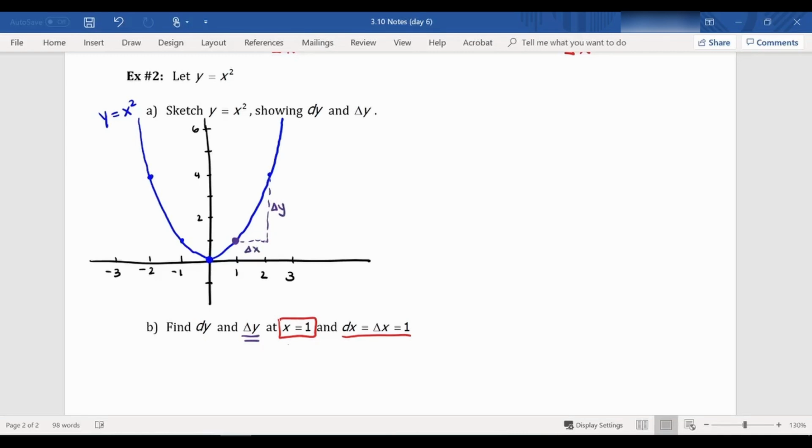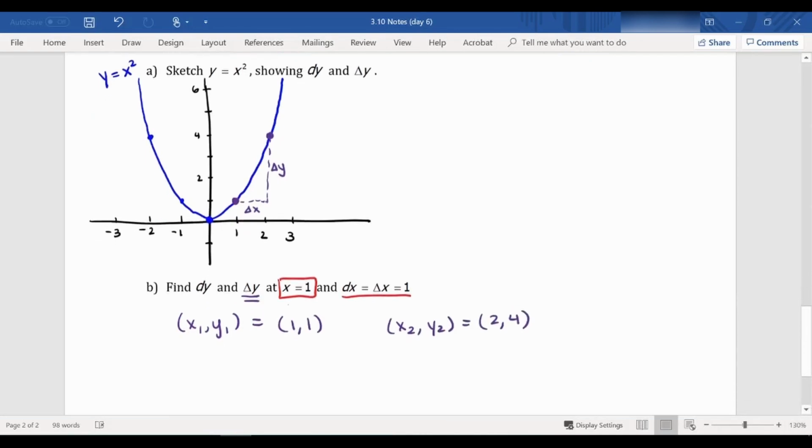So if I take a look at the coordinates of the points, my x1, y1 is equal to 1, 1. And my x2, y2 is equal to 2, 4. So we can see our change in y is 3, right? And you can do that algebraically using the points, but we can also see that in our picture here, right?